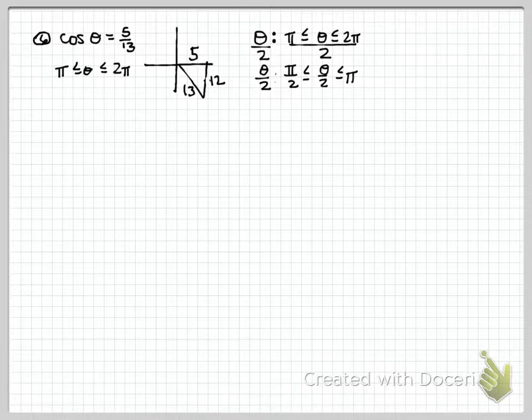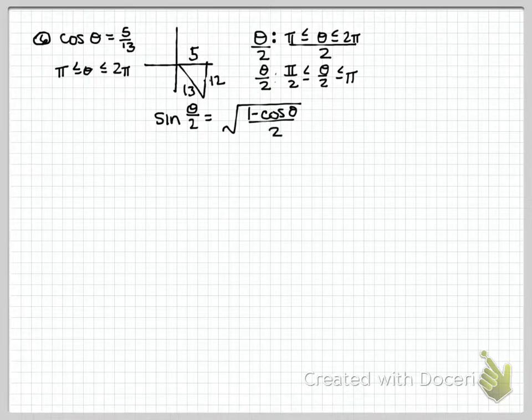Now let's find the sine of our half angle. So the sine of theta over 2 is going to equal the square root of 1 minus the cosine of theta all over 2. Now, our signs out here are either plus or minus. Looking at where my half angle is, my half angle is in this quadrant right here.